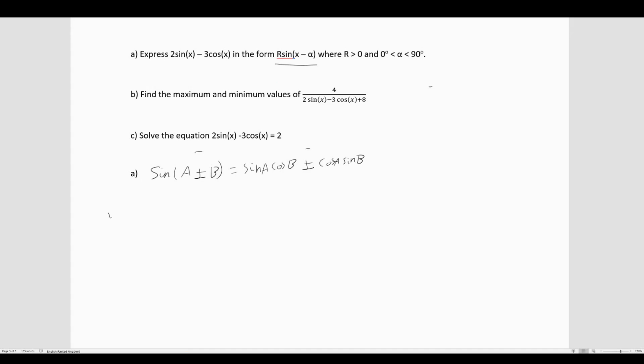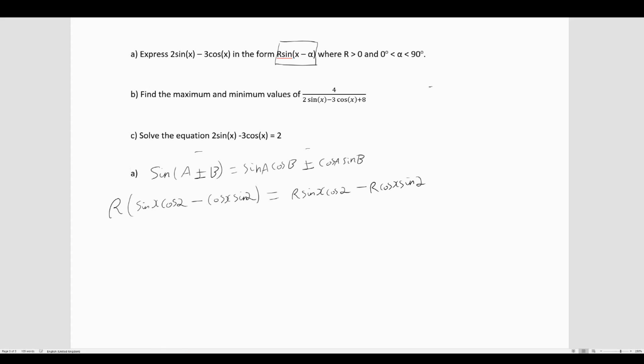Okay, so I can say I've got r sine x cos alpha minus cos x sine alpha. And I can multiply everything by the r, so I have r sine x cos alpha minus r cos x sine alpha. That's just another way of writing the harmonic form here.